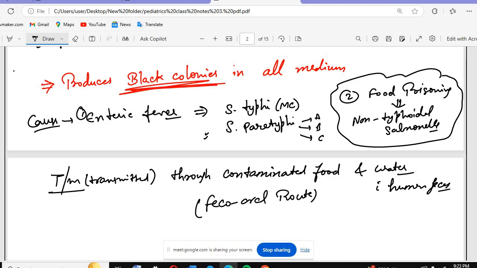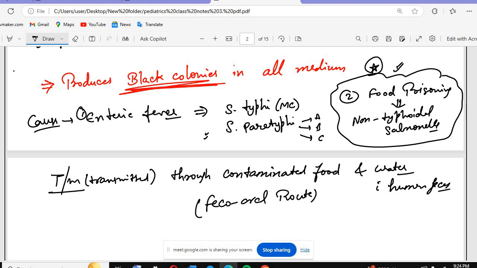The main concern is that you have to remember that salmonella can also cause food poisoning. Just put it in your mind that salmonella can cause food poisoning.